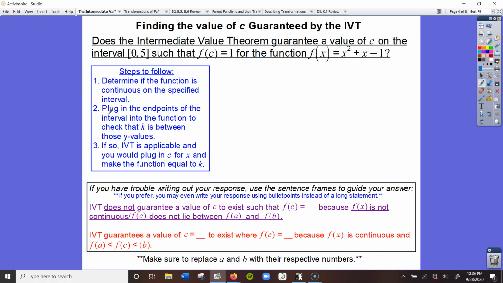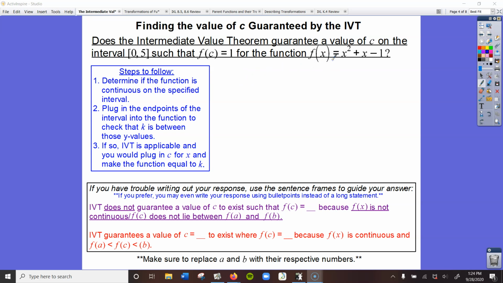So I put here some steps for you to follow as we work out this particular question. Does the intermediate value theorem guarantee a value of c on the interval 0 to 5 such that f of c is equal to 1 for the function f of x is equal to x squared plus x minus 1? So first, we're going to have to determine if the function is continuous.